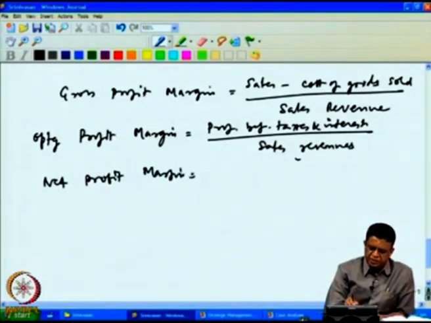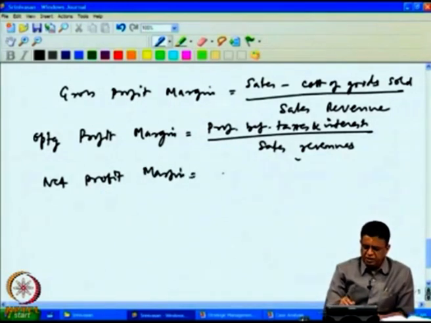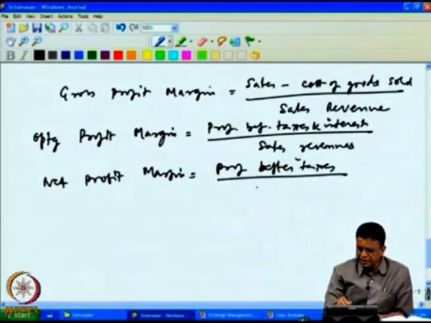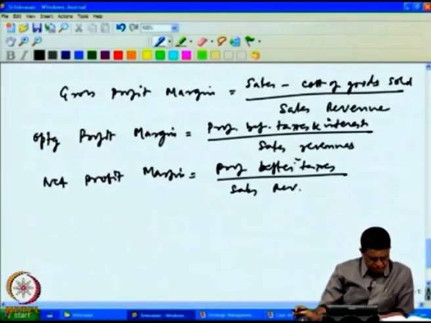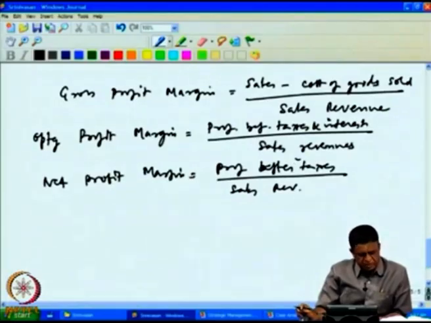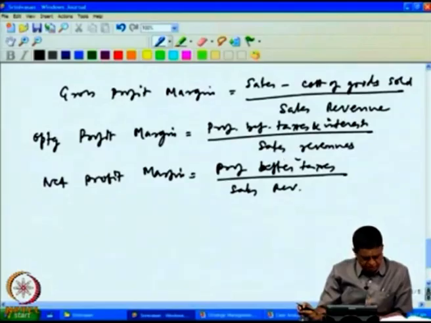So, the company has paid everything which is due to the different bodies, then it will get on hand what exactly is the margin on profits. So, net profit margin is profit after tax divided by the sales revenue. It shows after-tax profit per rupee of sales.